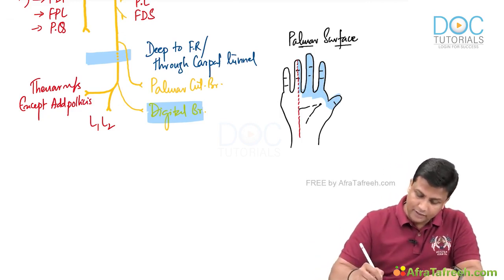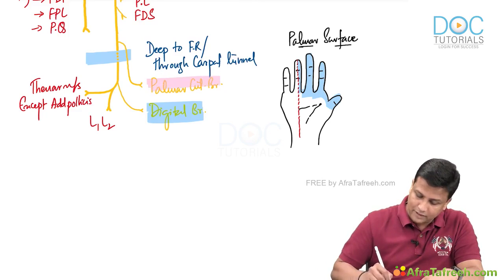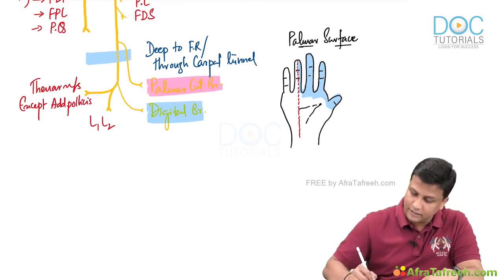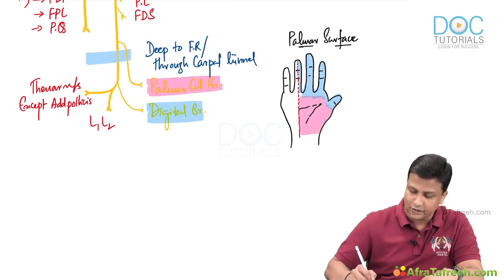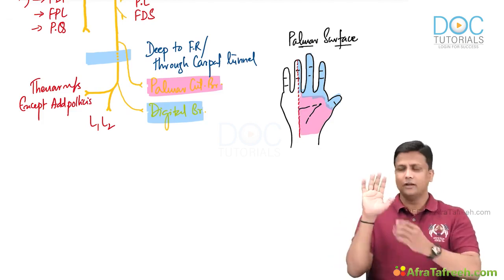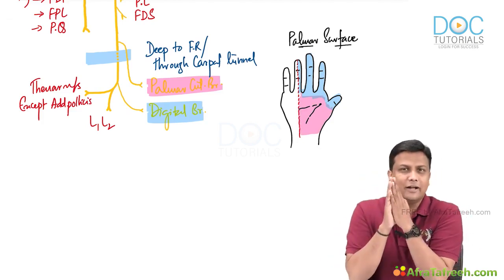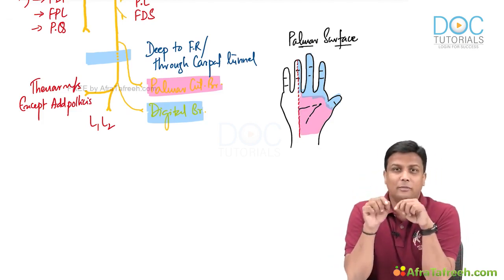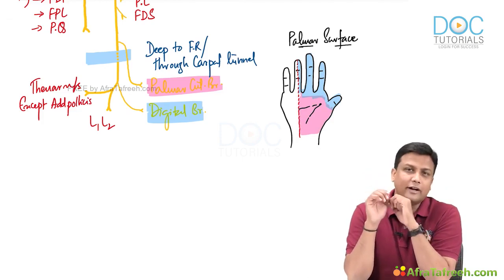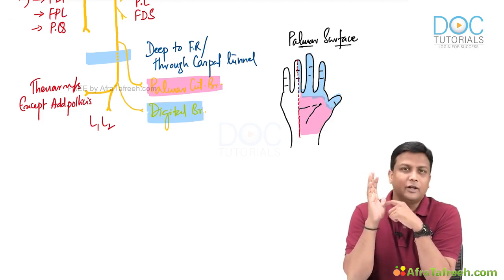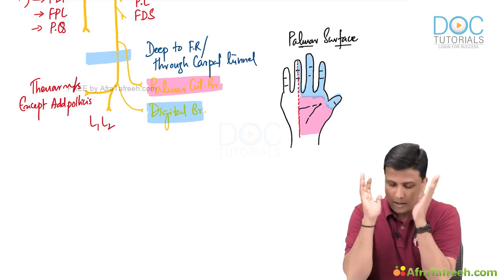Whereas the palmar cutaneous branch is the one which will be taking care of the lateral 3.5 palm. Hope you're getting the clarity here. Is it okay? So broadly we'll be learning that the lateral 3.5 digits will be taken care of by the median nerve, but in that also remember the digital branch will be supplying the lateral 3.5 digits, whereas the palmar cutaneous will be supplying the lateral 3.5 palm.